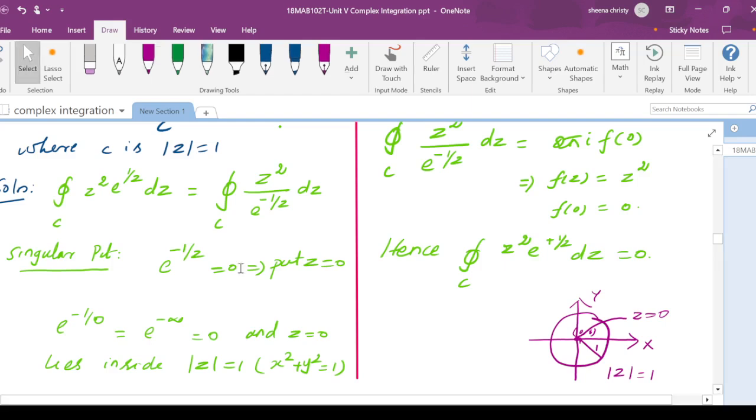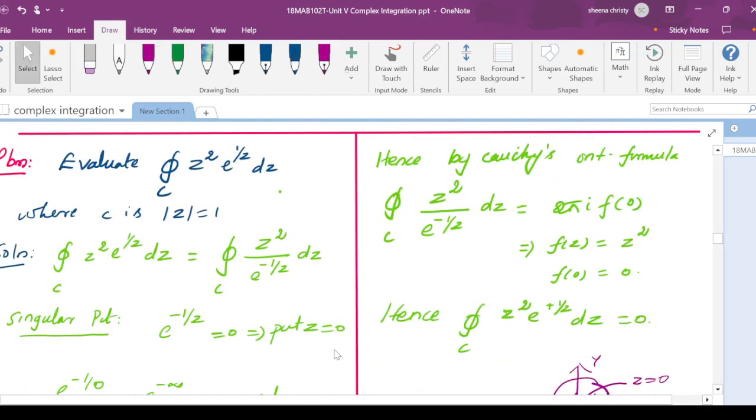So at this point, we can use Cauchy's integral formula. What is it? Integral over c, z square divided by e power minus 1 by z into dz equal to 2 pi i into f of 0. Why is it f of 0? The singular point is z equal to 0. So what is f of z here? The numerator term, it is z square. Put z equal to 0 here, you will get 0. Therefore, integral over c z square into e power 1 by z into dz equal to 0 according to Cauchy's integral formula.